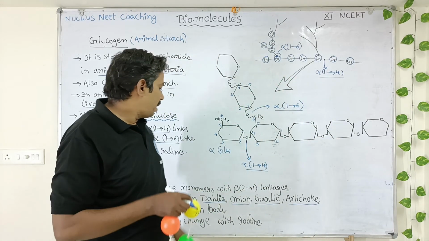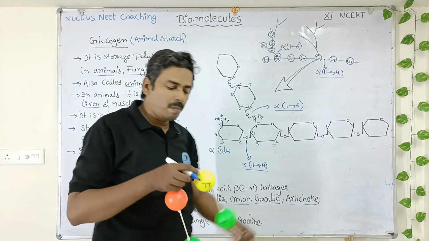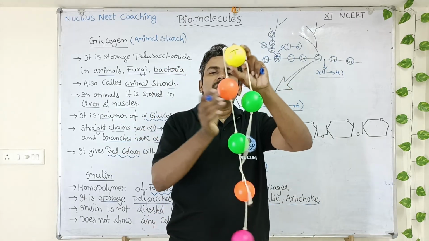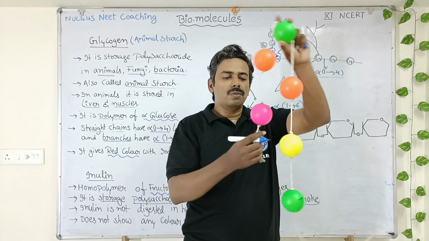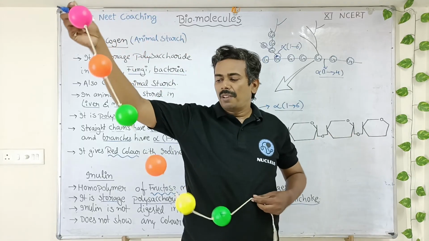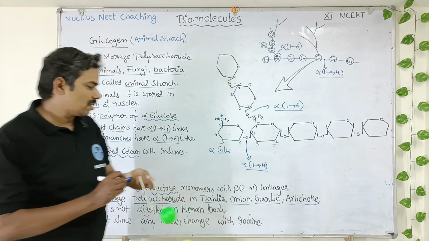By what glycosidic bond? By beta 2 to 1 glycosidic bond. So like this, several fructose molecules are attached to each other. It gives rise to a long chain of fructose molecules. We call this inulin. Understood? So that is the concept.